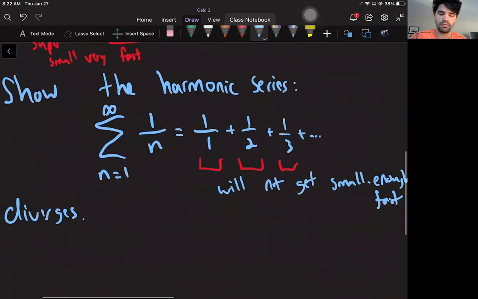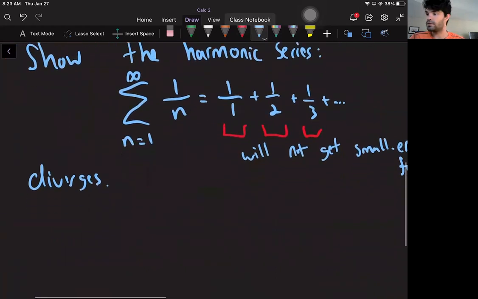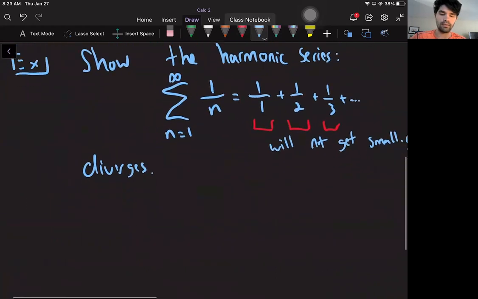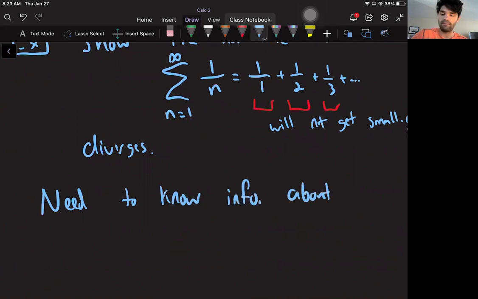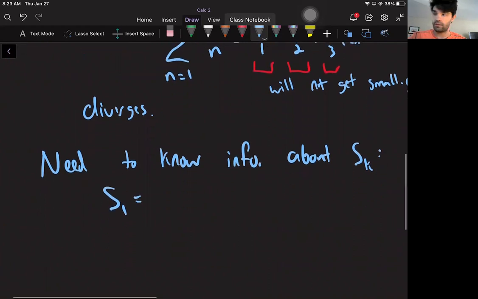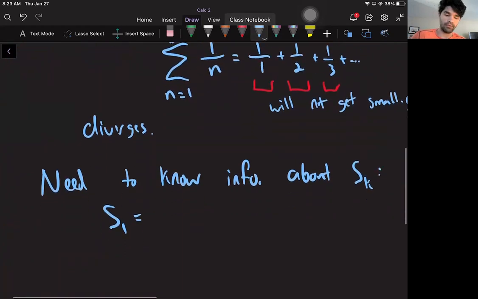But we actually have to figure out the partial sums to do this. So let's do it. Okay. So we need to know information about the partial sums. So it's best to just start with S1. So S1 is just adding up the first term, up to A1, I mean.